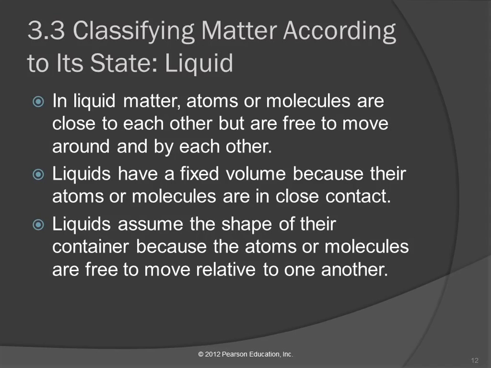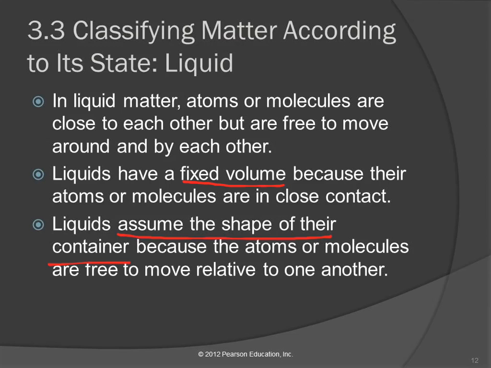In the liquids, atoms are still close to each other, but they're free to move around. Liquids have a fixed volume because the particles are still close together, but they assume the shape of their container. So you take a cup of water, maybe in a tall, skinny cup, and you pour it into a shallow baking dish.